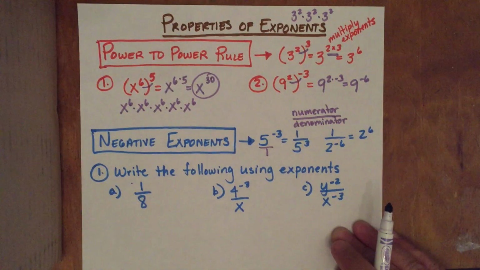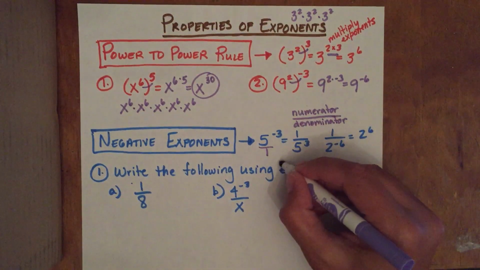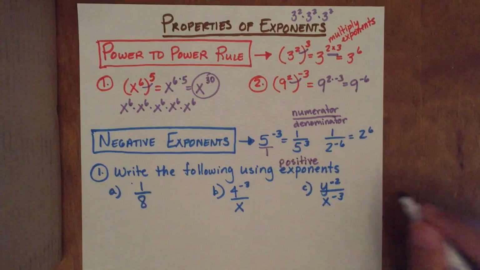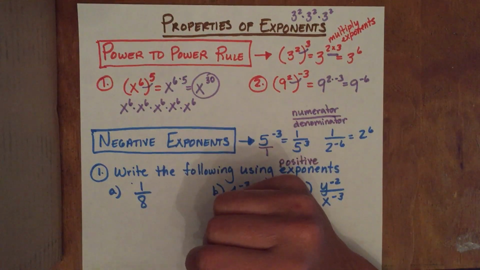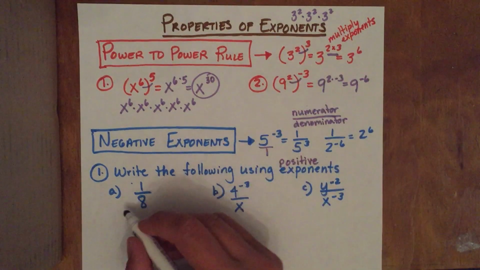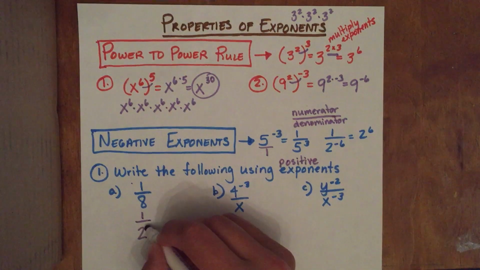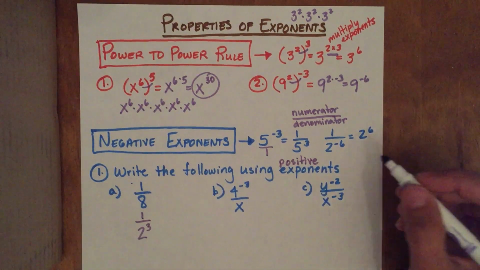So let's look at these examples. Write the following using exponents. Okay, and I should have said exponents or positive exponents. We'll be a little more specific just to see if you know how to manipulate these. So let's start with 1/8. 8 can be written as 1 over 2 to the 3rd. Okay, so there's our positive exponent.